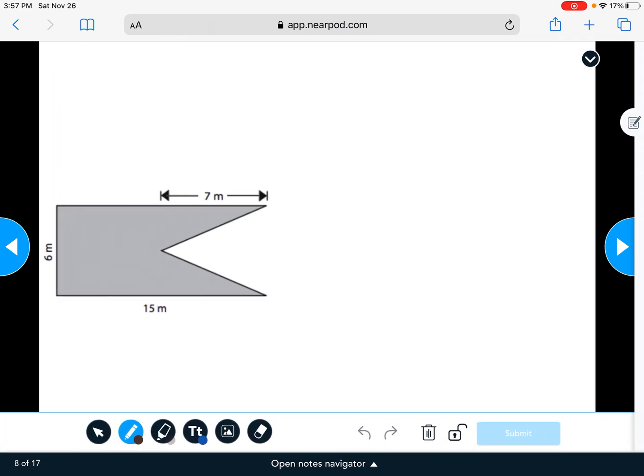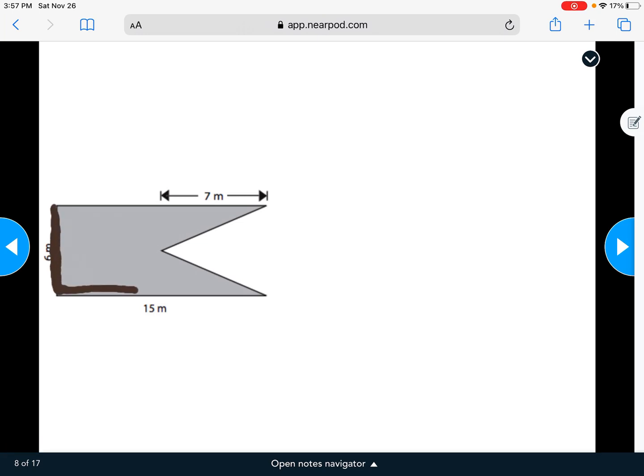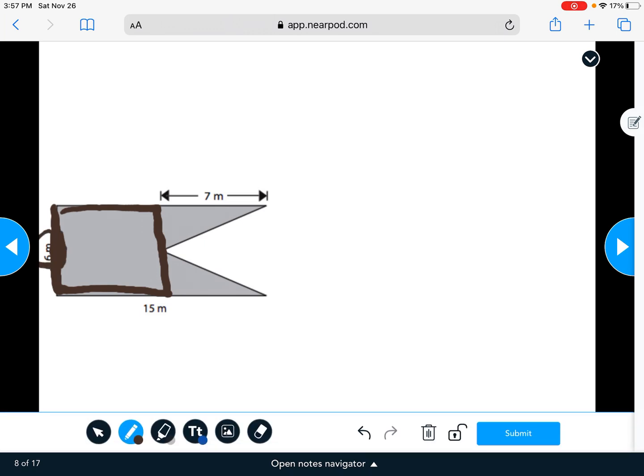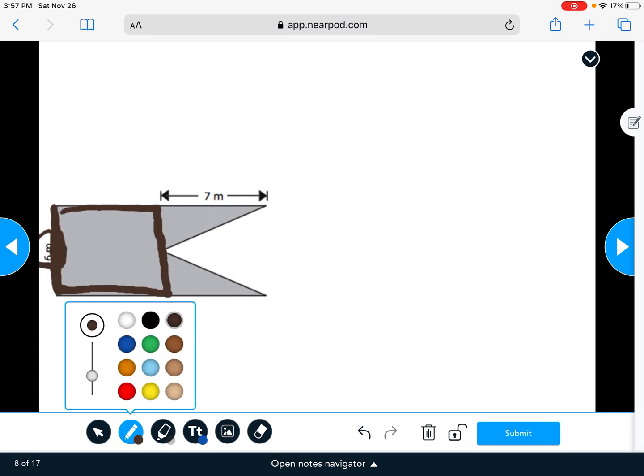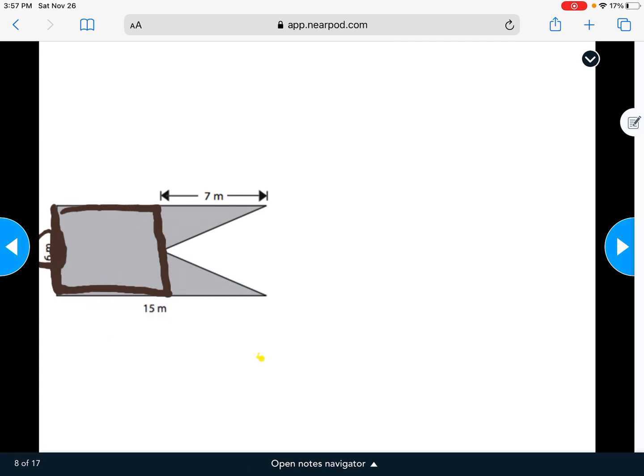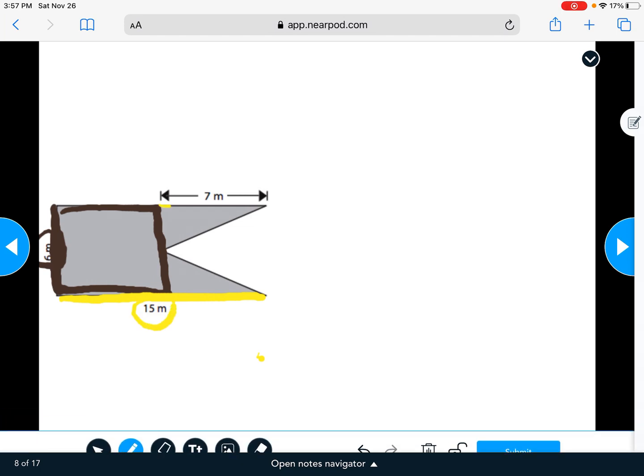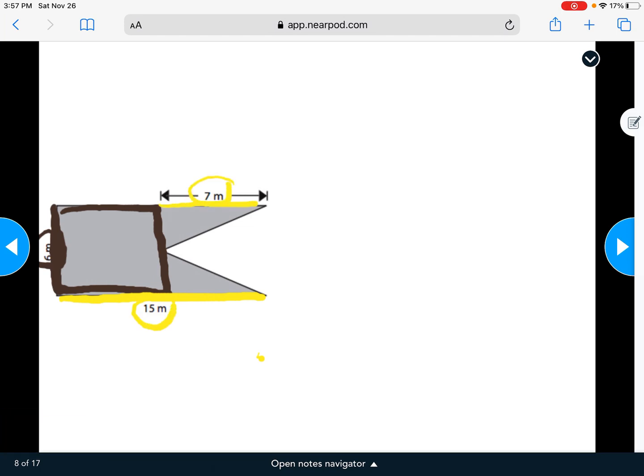All right, take a look at this one. So on this one, looks pretty tricky. I'm going to try to find the area here of the rectangle. So it's easy to see that's 6. Now, as far as the base of it goes, I know that this total length is 15 and this smaller length is 7.